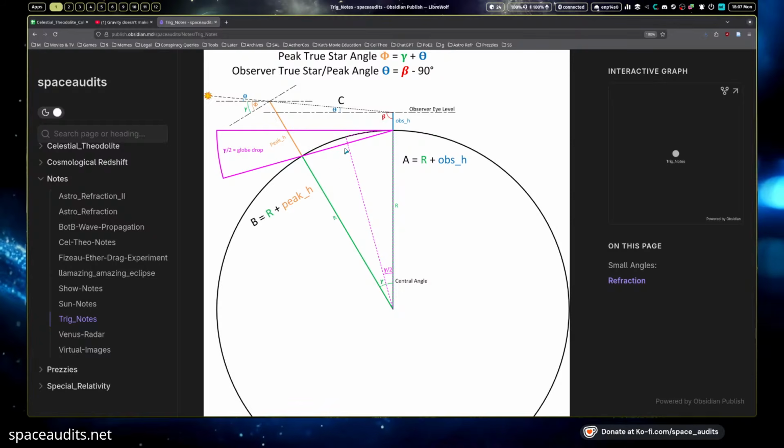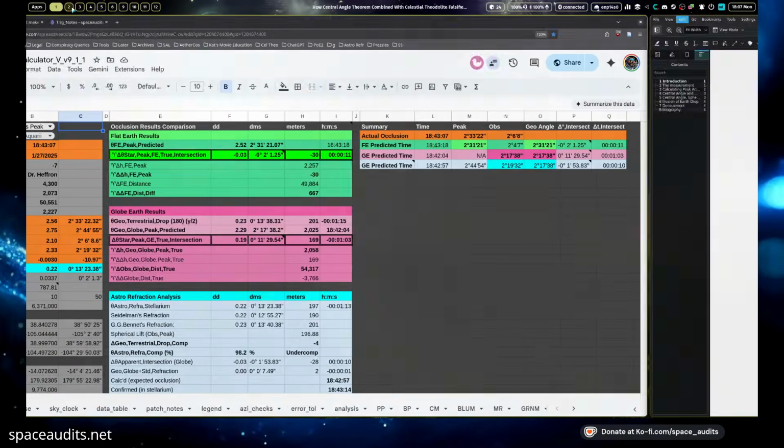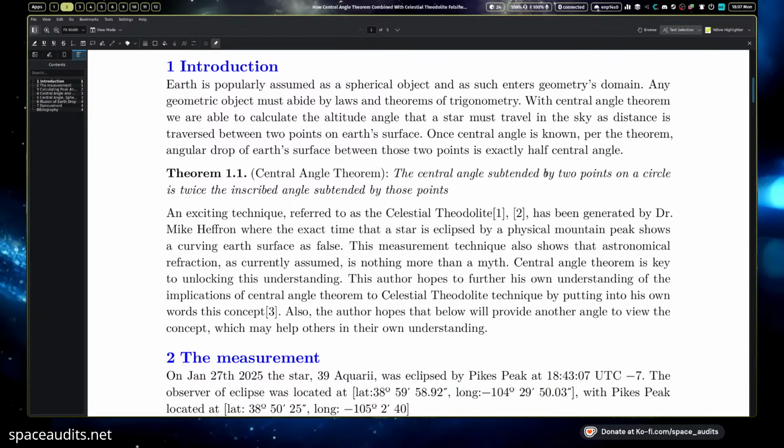You can also convert that arc length into an angle, and that angle is going to be gamma. And then half of that is going to be the drop over distance. So in the example of Pikes Peak, where the arc length is 500 meters, the Earth curve of that angular relationship is 200 meters. So there's 200 meters of drop over that entire arc length. That's what we're talking about for the central angle and half central angle.